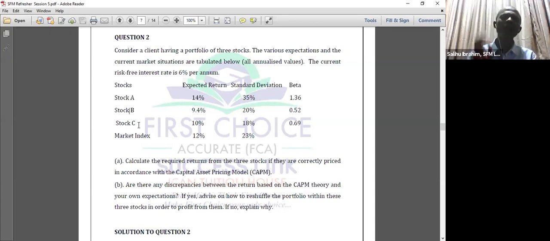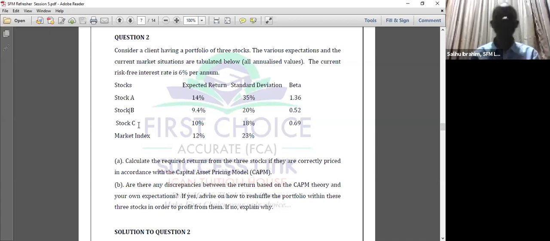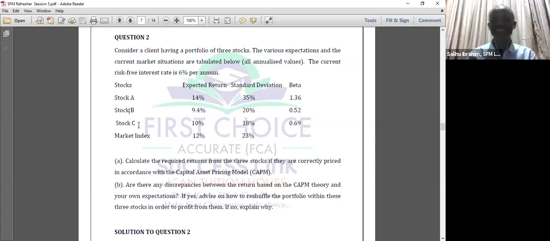To measure required return, your required return is measured using your normal CAPM formula that you know. We have been using the CAPM formula for long. Cost of equity is equal to risk-free rate plus beta of equity times market return minus risk-free rate, isn't it? The return we compute from the CAPM is what we call the required return.